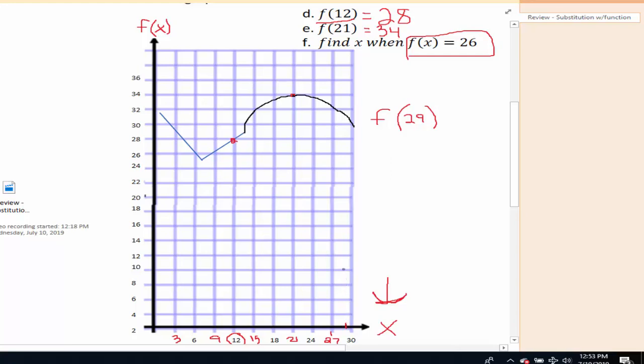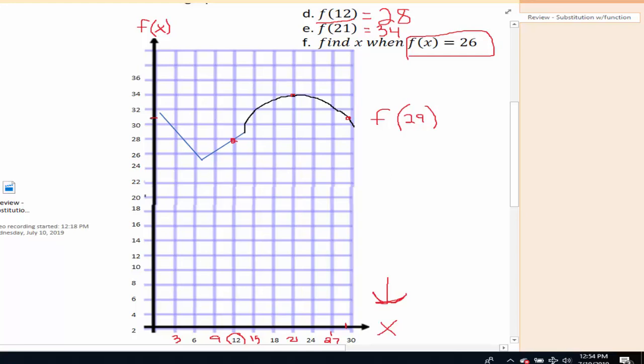Unless I actually knew the equation for this function, I probably am not going to get this exact. It's an estimated answer. Right here is where I'm estimating that 29 is. So I go over from that point, and now I have to estimate this number.